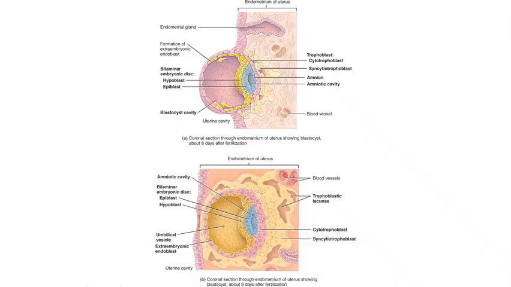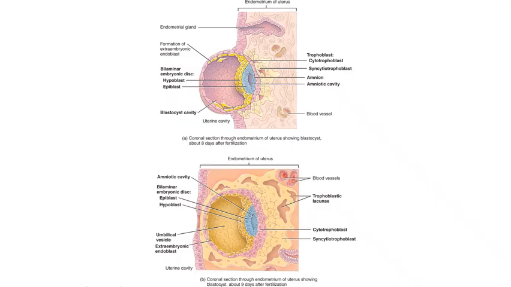Endometrial capillaries around this developing embryo become dilated and are now referred to as maternal sinusoids. As the syncytiotrophoblast erodes some of the maternal sinusoids, the endometrial glands, maternal blood, and secretions from the glands enter the lacunar networks and start to flow through them. Maternal blood is rich in materials for embryonic nutrition, but it also helps with disposing of embryonic waste.